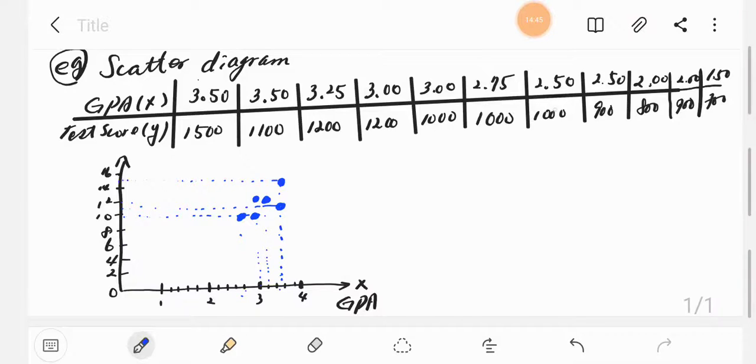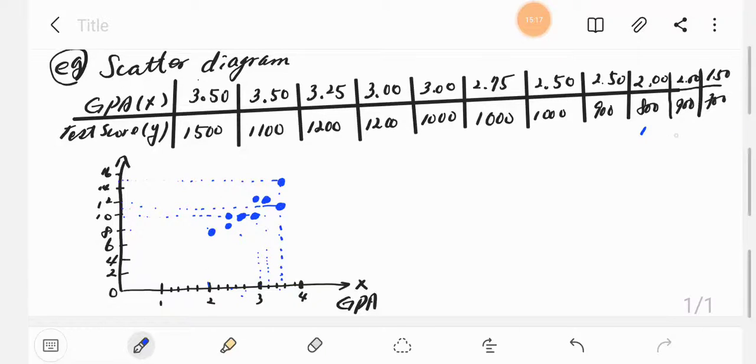Okay, next, we're going to do the same thing. 2.5 is in the middle, and then go all the way to 1,000 over here. At 2.5, the test score is 900, so 900 is a little bit lower than this one. And then for this, 2.2 and 800, so 2 is over here and 800 is over here.